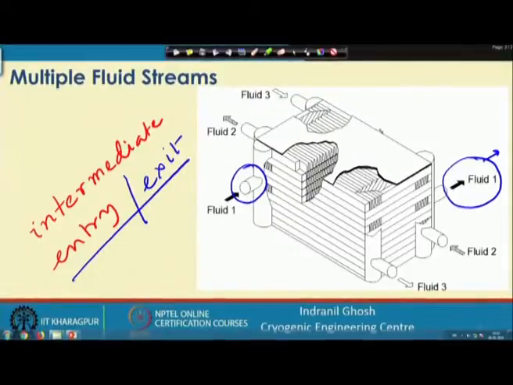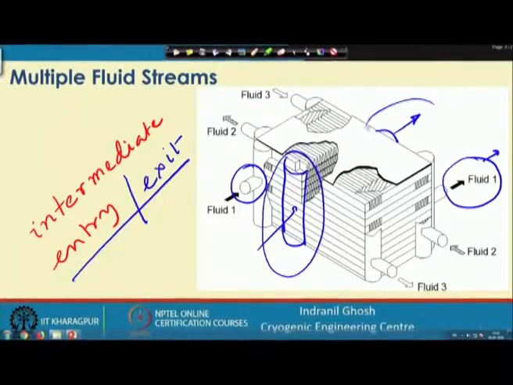If someone wants, it may be taken out from this point also, and it may so happen, depending on the heat exchanger length, that we may think of entering the fluid stream from this end. So, this becomes intermediate entry and this becomes intermediate exit, and that is possible for any fluid stream.